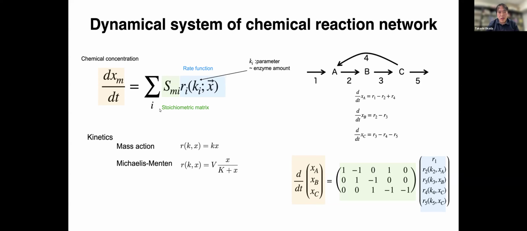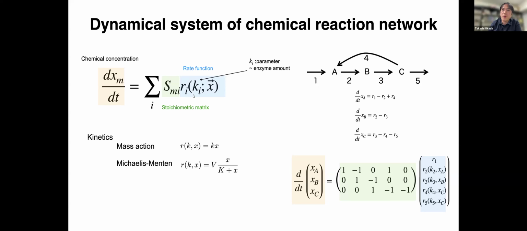Today I'm focusing on the deterministic dynamics, which is described by ordinary differential equations shown here. Here, Xm represents the concentration of molecule M, and Ri is the rate function of reaction i. The rate function, of course, depends on concentrations, and also on some parameters, Ki.